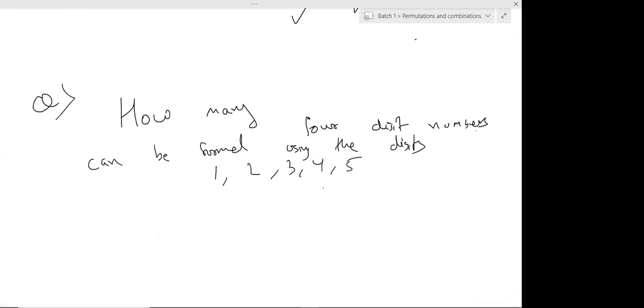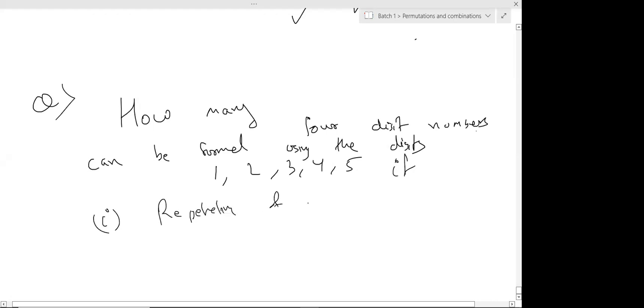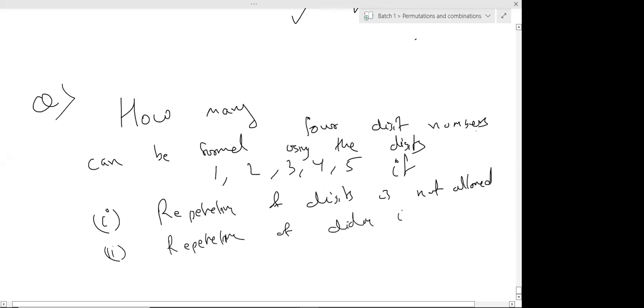If the repetition of digits is not allowed, repetition of digits is allowed. All right. Solve this in the box method.